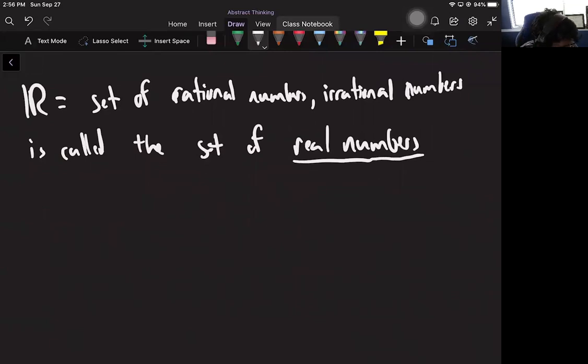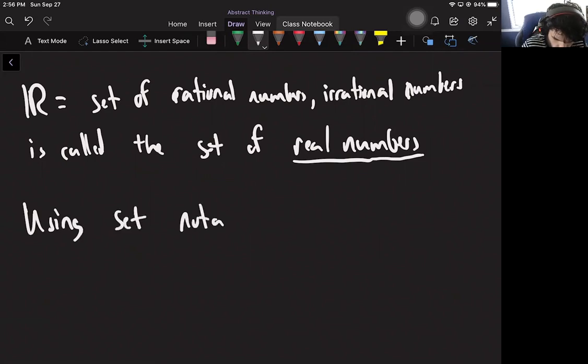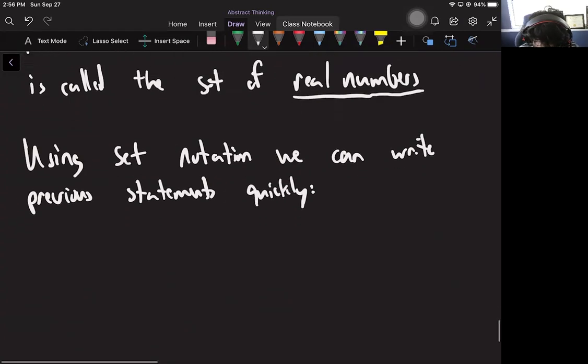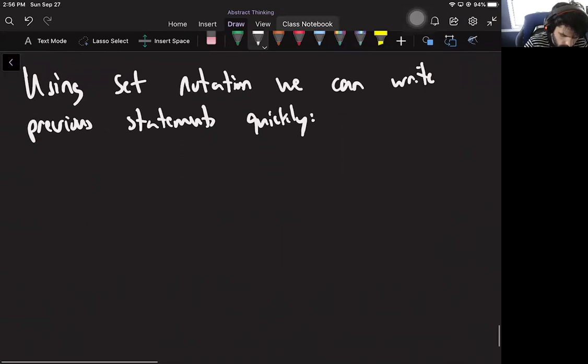Okay, so now using all this notation, we can do lots more stuff faster that we've done before. So using set notation, you can write previous statements quickly, which doesn't necessarily help you understand them, but it is nice.